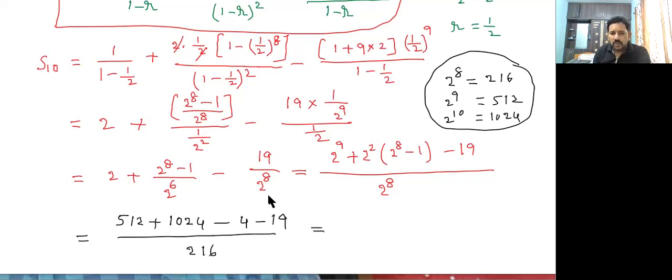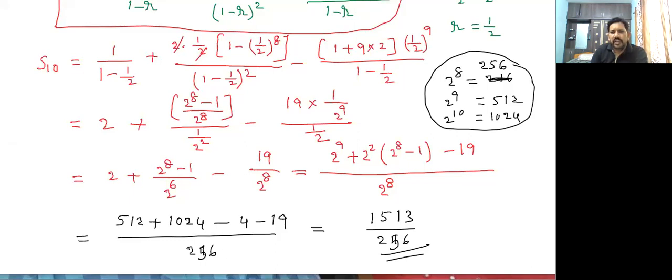Now the total answer is 1513 by 256. This is the sum of 10 terms of the series. This is not 216, 256, sorry. 256 this is. By mistake I have written it; please change it to the correct value.